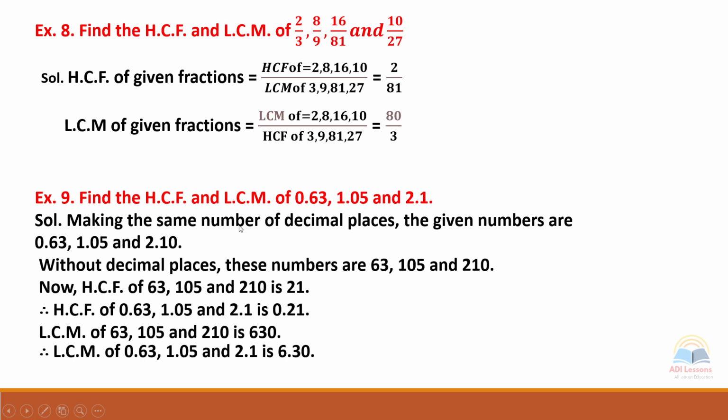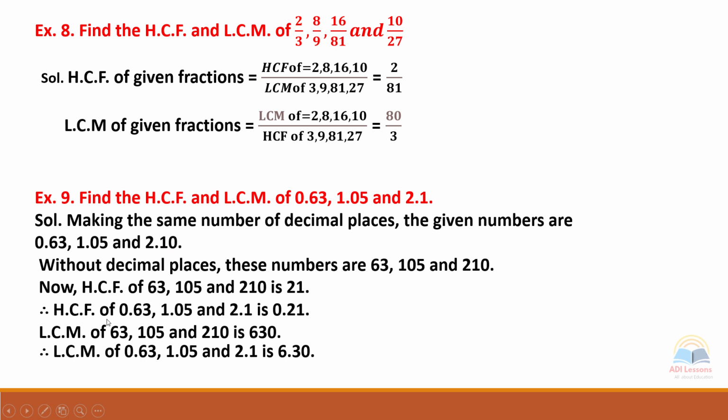Making the same number of decimal places, the given numbers are 0.63, 1.05 and 2.10. Without decimal places, these numbers are 63, 105 and 210. Now HCF of 63, 105 and 210 is 21.